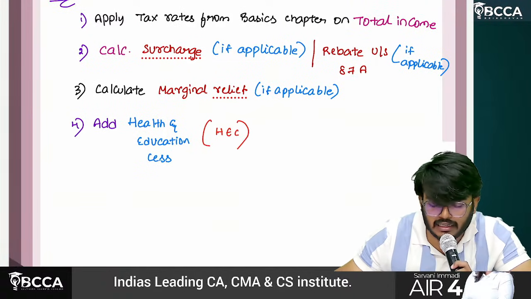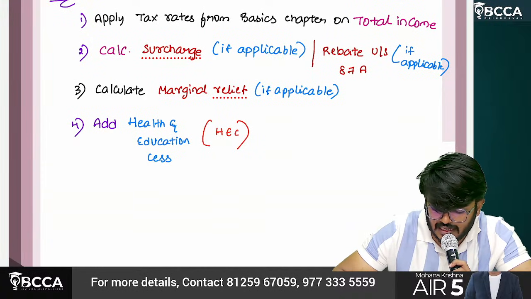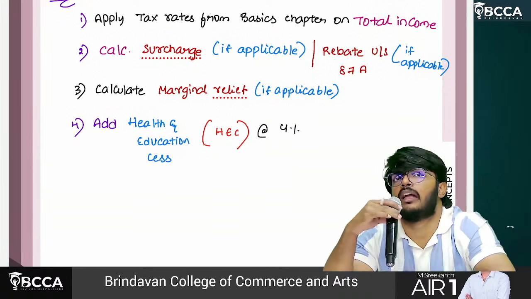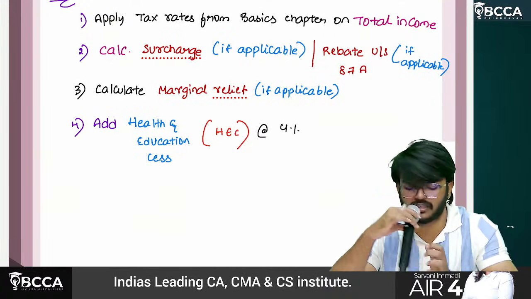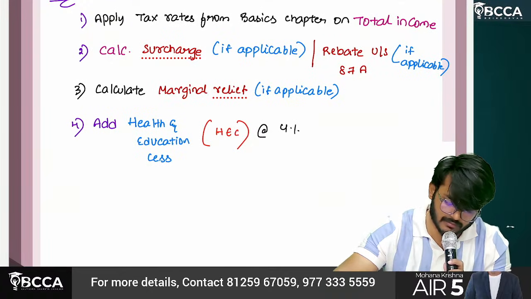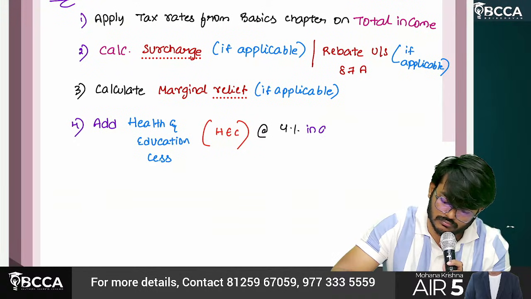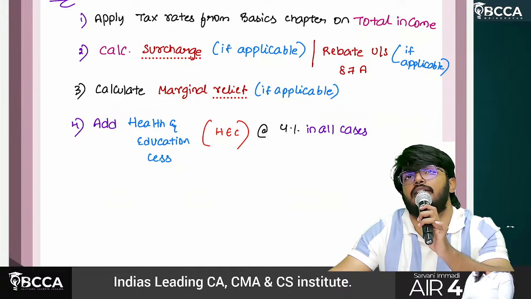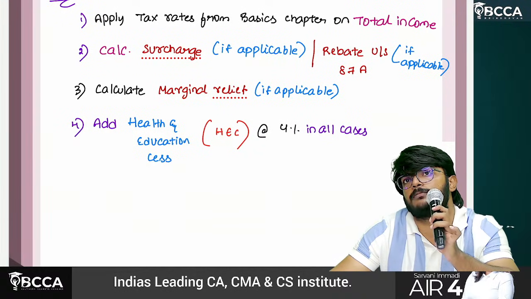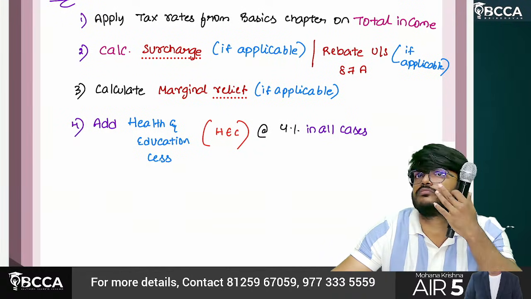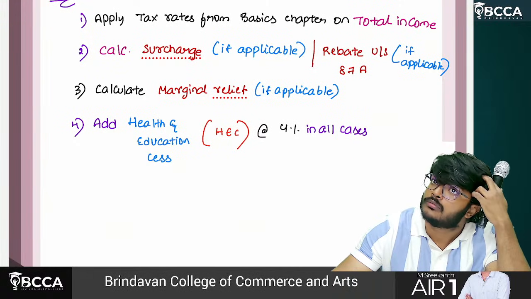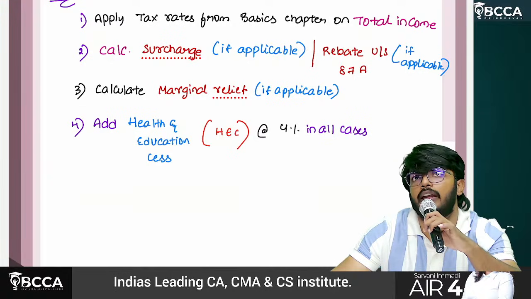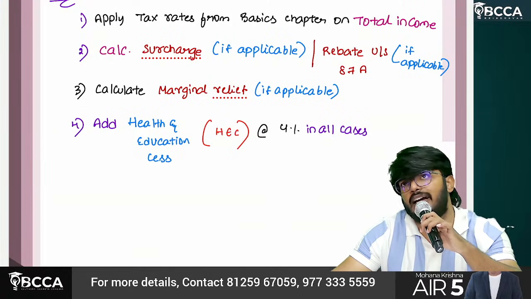Health and education cess at the rate of 4%. In all cases we will add this 4% health and education cess. So 4% health and education cess will be added always.